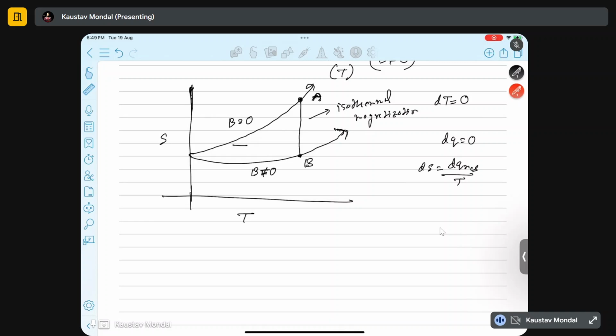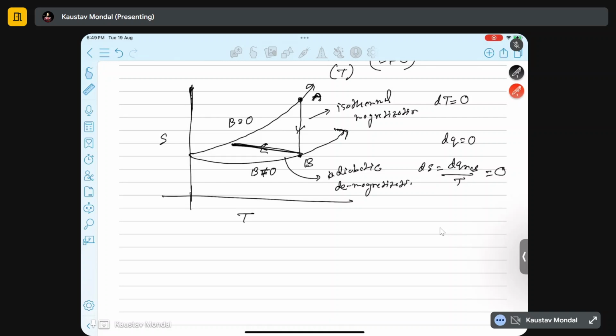So if dq is 0, that means ds simply becomes 0. So adiabatic demagnetization will move the system from B to C like this. This is a straight line. So you can see the system moves towards a much lower temperature.